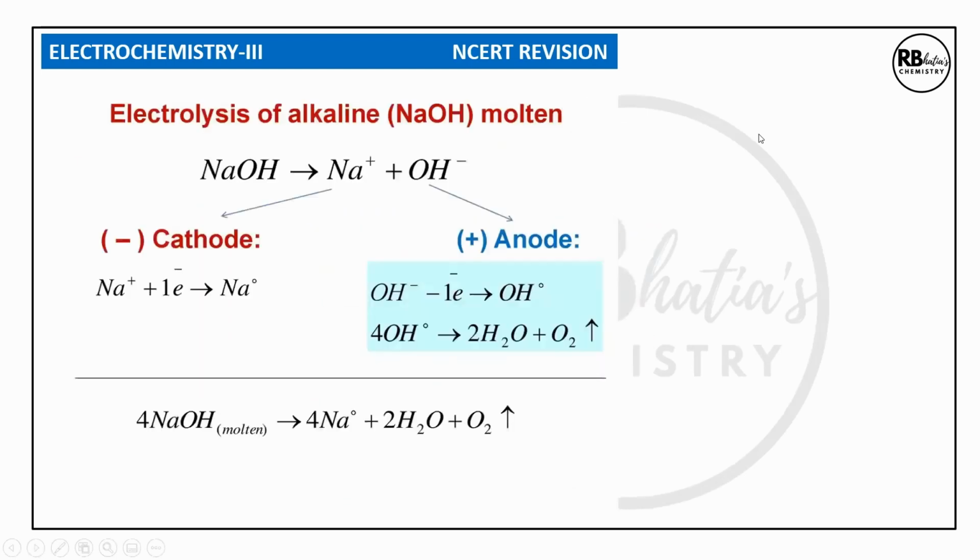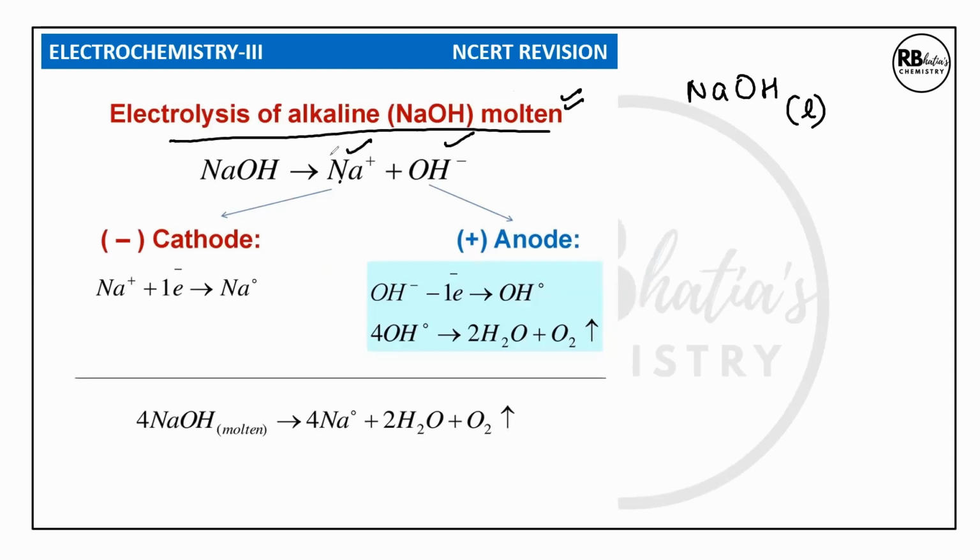So products of electrolysis, looking quickly into some examples, we have electrolysis of molten sodium hydroxide. When we say molten, it means when we melt sodium hydroxide we have pure sodium hydroxide, there's no water. So sodium hydroxide ionizes to give these ions.